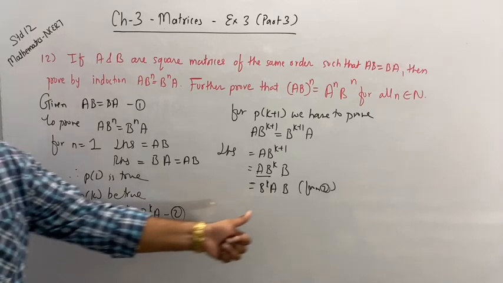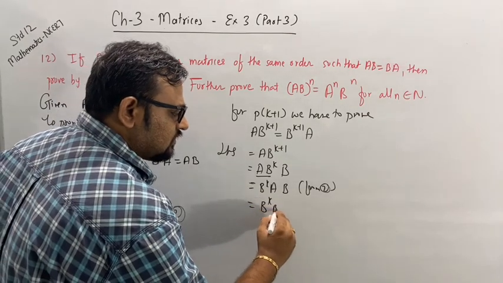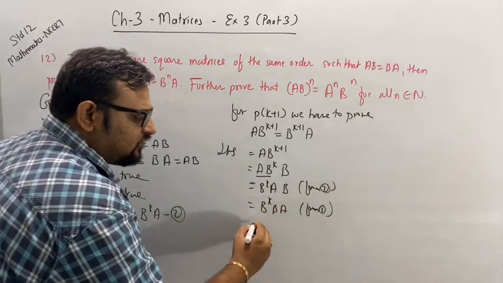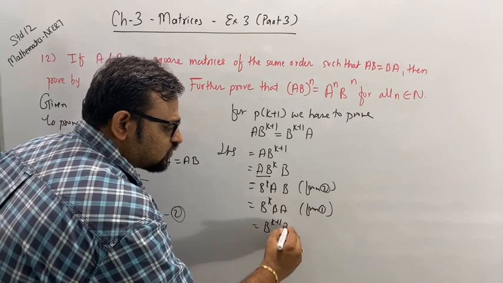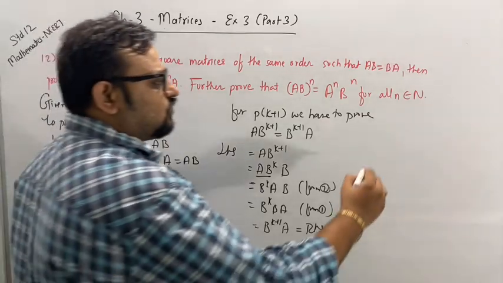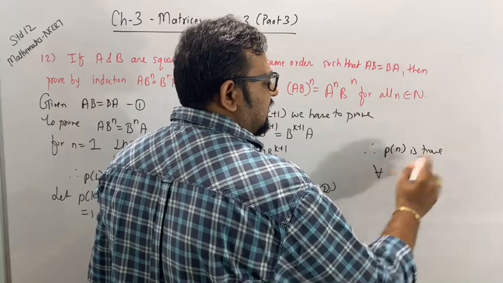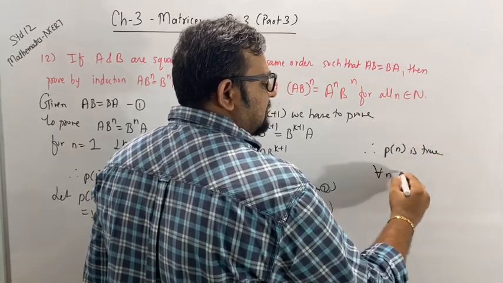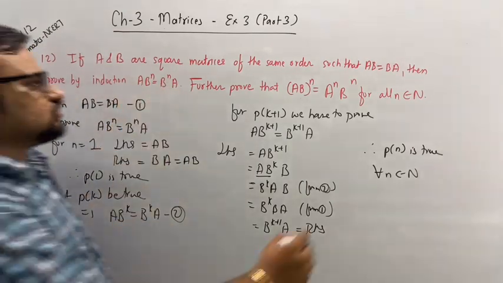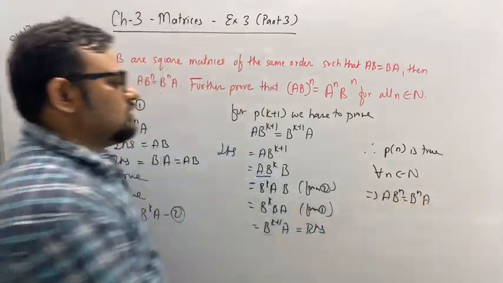Clear? Okay, now what is AB from 1? BA. This is from 1. So what is B raised to K into B? B raised to K plus 1 into A, and that is equal to RHS. Therefore, P of n is true for every n belonging to N. That is, AB raised to n equals B raised to n into A. Clear?